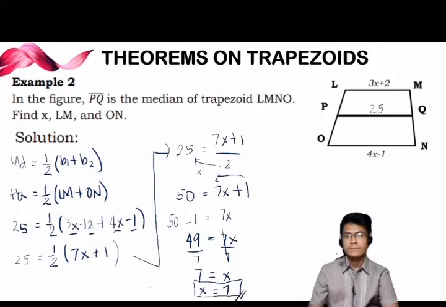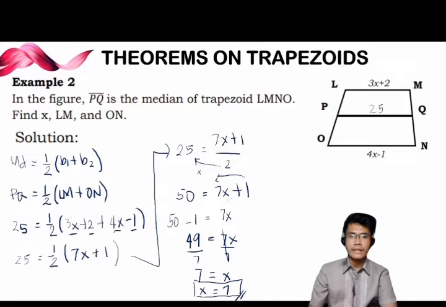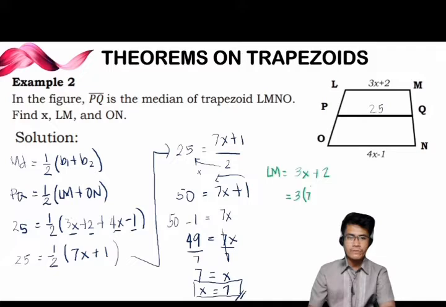Alright. Next, the measure of the side LM. In order to find the measure of the side LM, all we have to do is use the expression 3x plus 2. We just need to substitute the value of x, which is 7. So we will have 3 times 7 plus 2.